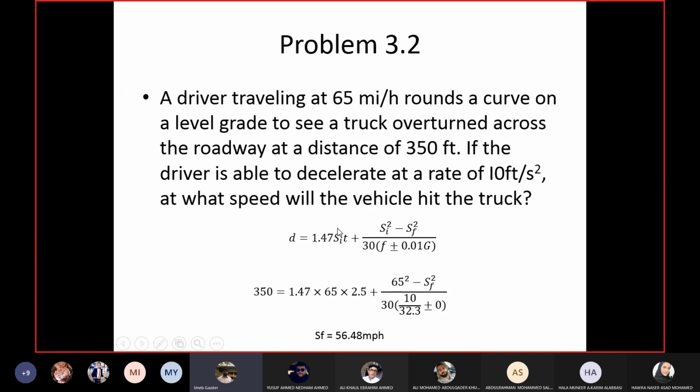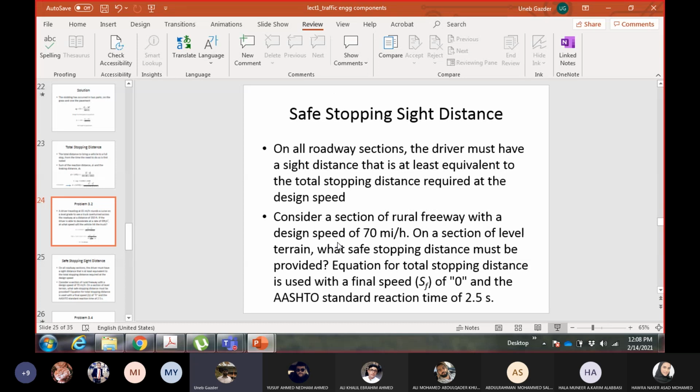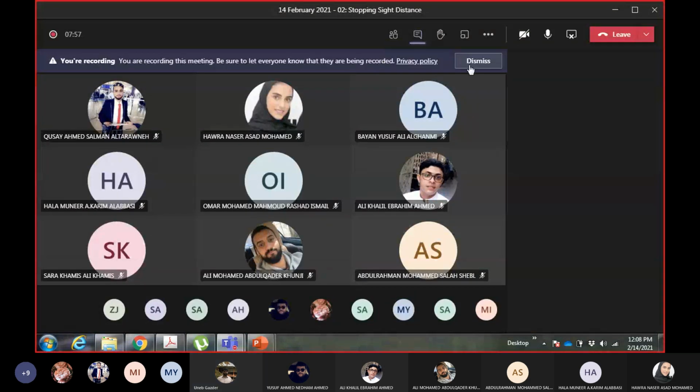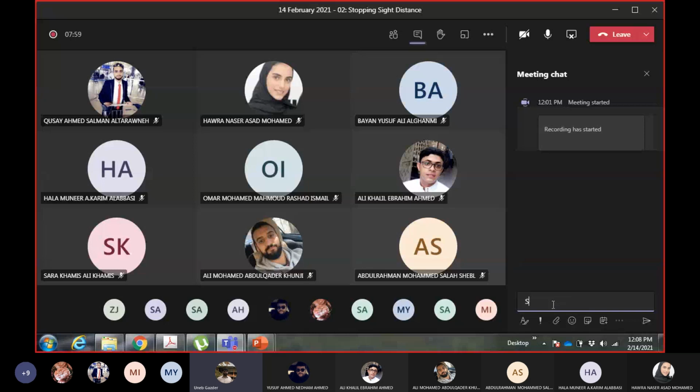So in this equation, what are the things which are given? They have given me the speed. Let me write down the factors for you. SI is 70 miles per hour.